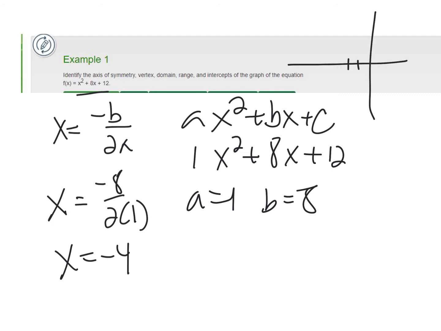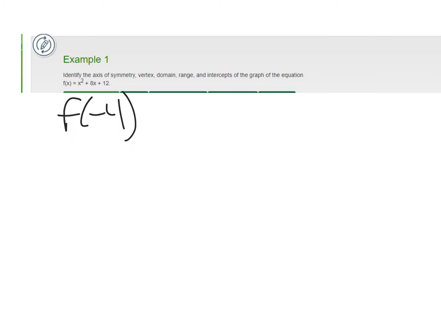So 1, 2, 3, 4. There's that vertical line. Now, in order to find the vertex, so we know where on that line it falls, we're going to find f of negative 4, and that'll tell me the y. Because remember, f of x is the same as y. So if we replace all the x's in the equation with negative 4, that'll tell me what y is.